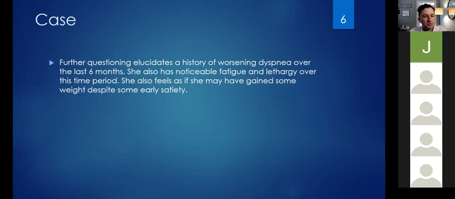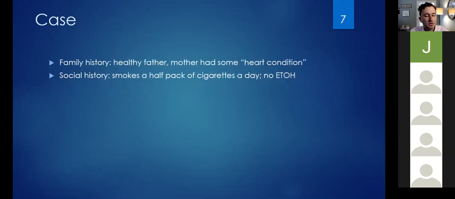Like a good hospitalist does, you take a great history and find out that she has also had some worsening dyspnea over the last 6 months, and also some fatigue and lethargy over the same time period. She also mentions that she feels like she may have gained some weight despite not eating as much, and having some early satiety and fullness.